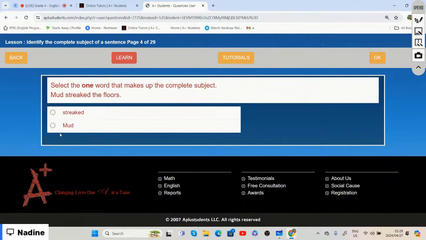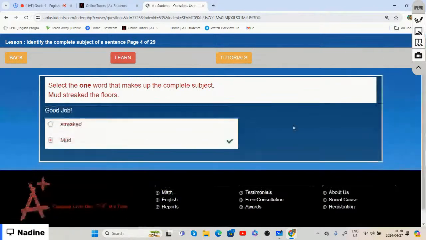One word only. All right, then if we select our correct subject, we would say it is mud. Right? So mud streaked the floor.